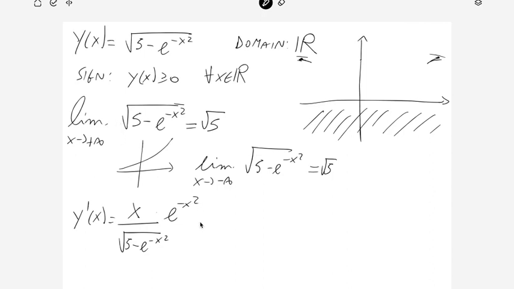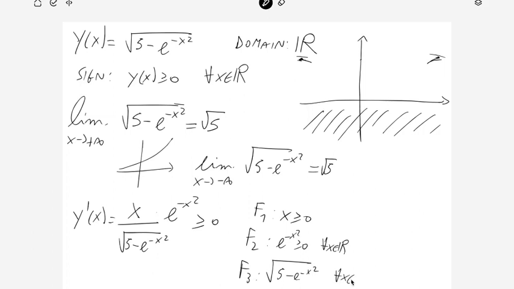We have to study the sign of this derivative. You have three factors. The first factor is x, which is greater than 0 when x is positive. The second factor is always positive because it is an exponential. The third factor, the denominator, is also always positive because it is a square root.